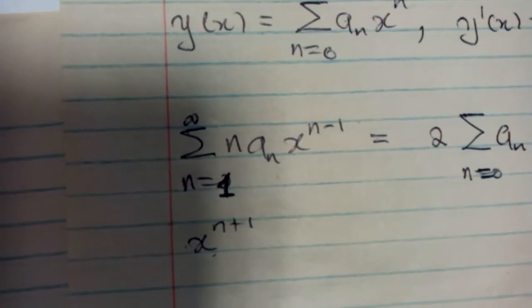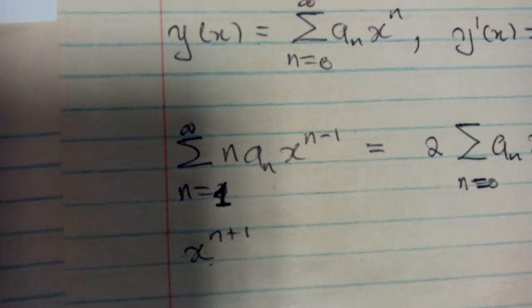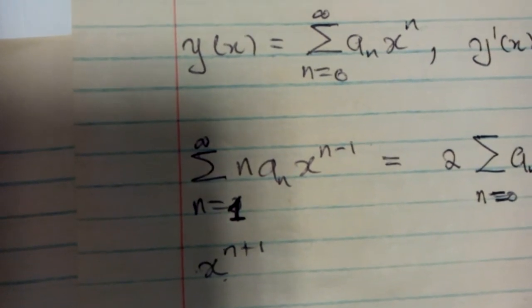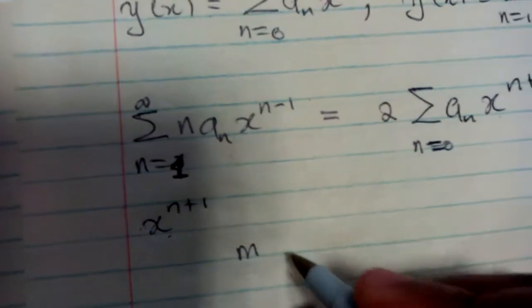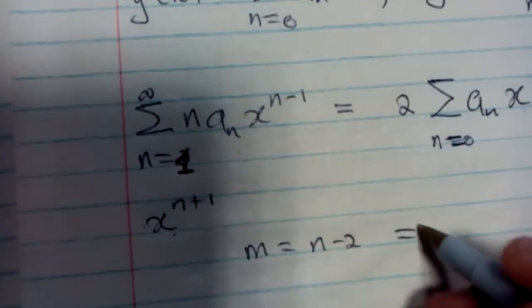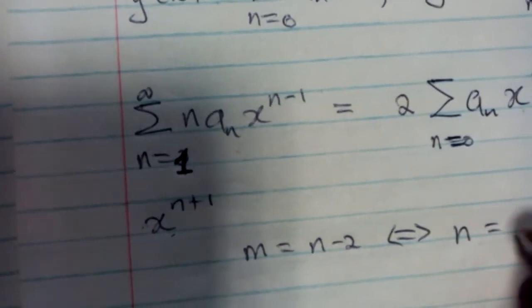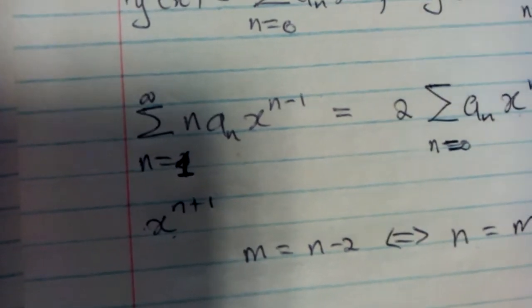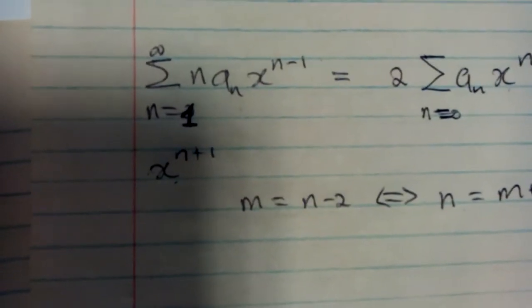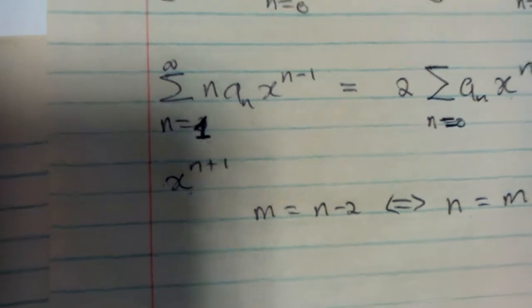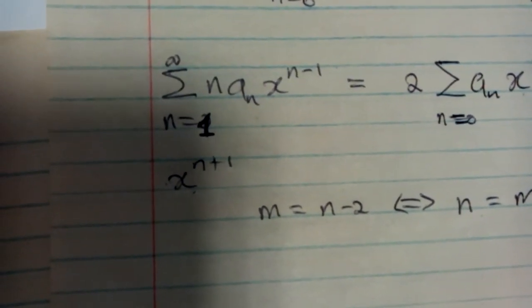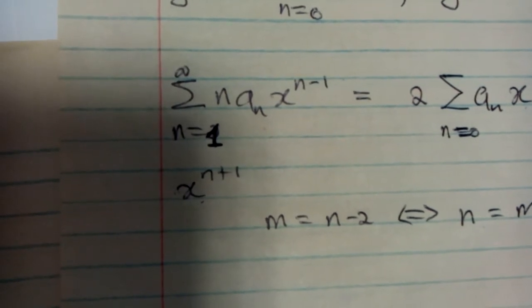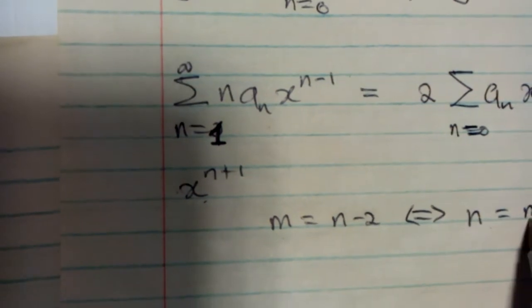So going back, I can let m equal n minus 2, which implies and is implied by that n is equal to m plus 2. And I can sum from m equal to 0.